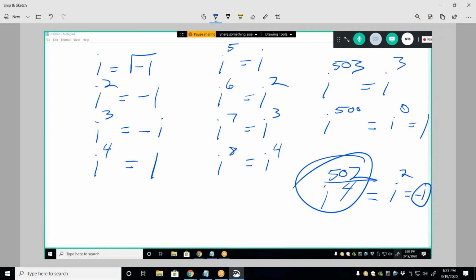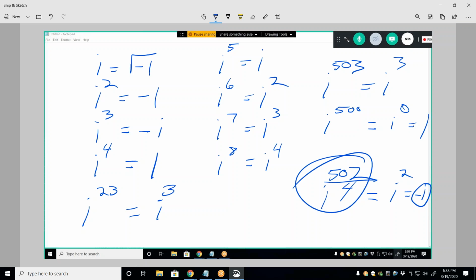So the next question is I to the 23rd. Perfect. So you take 23 and you divide it by 4. You use the remainder. It's the same as whatever the remainder is. What's the remainder? So it's 3.